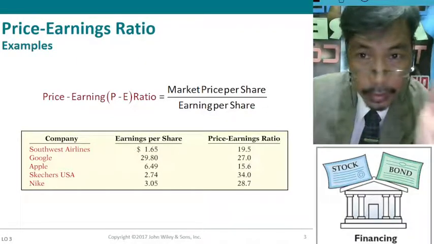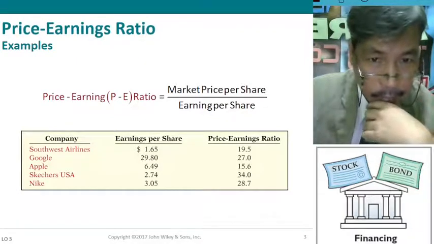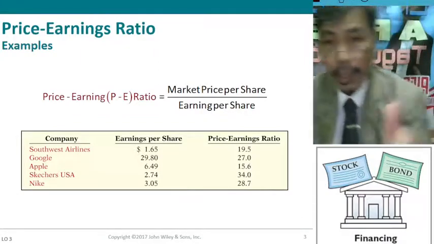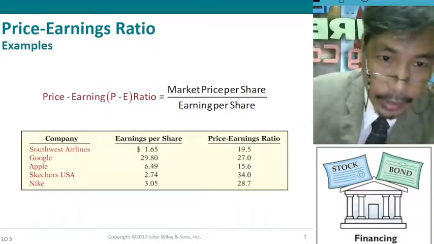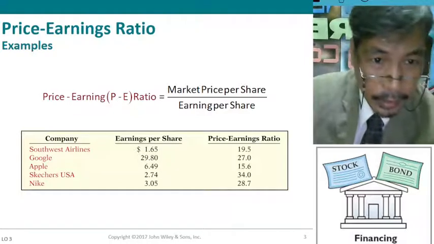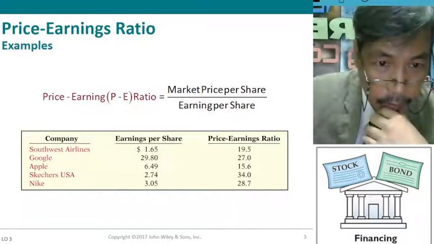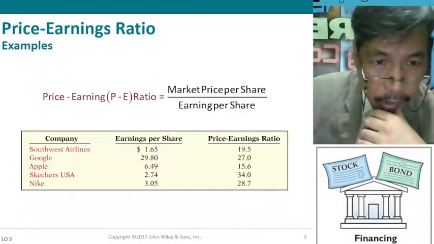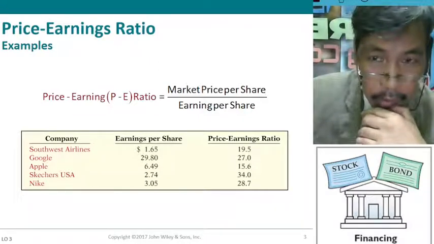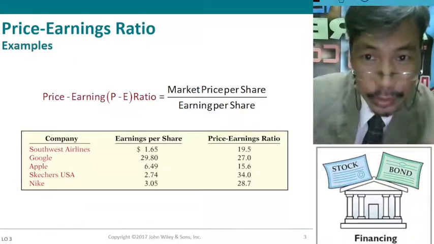So we are looking at the ratio right now because we cannot actually compare the earnings per share. You can compare the price earnings ratio 19, 25, 27. So which one is the best here? Skechers. Okay, so there is a future for this investment.